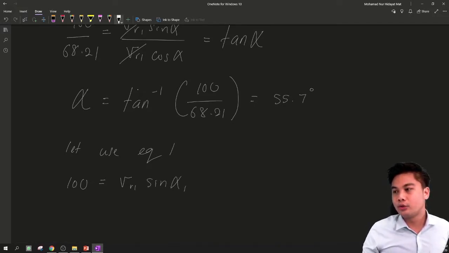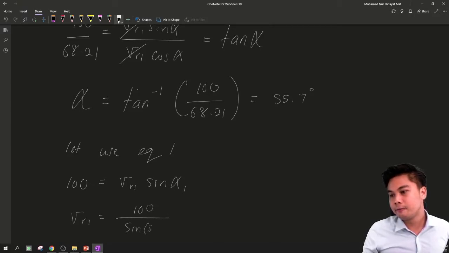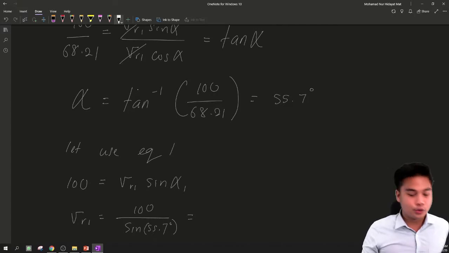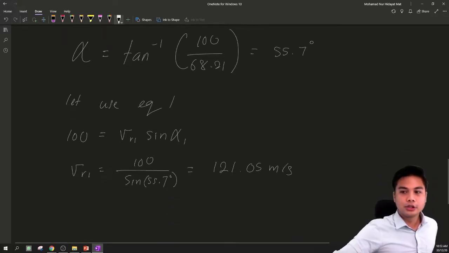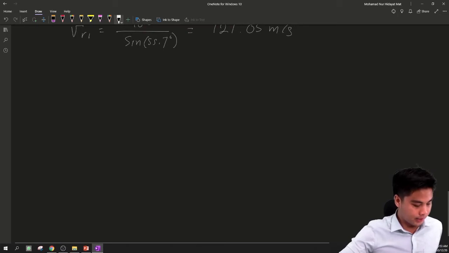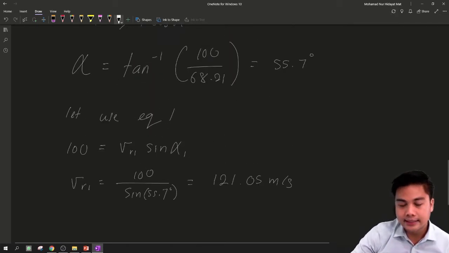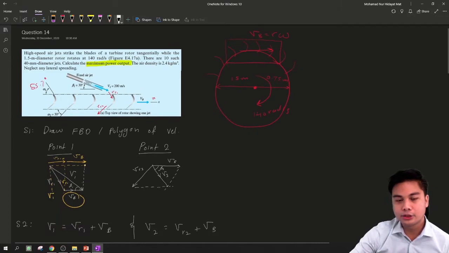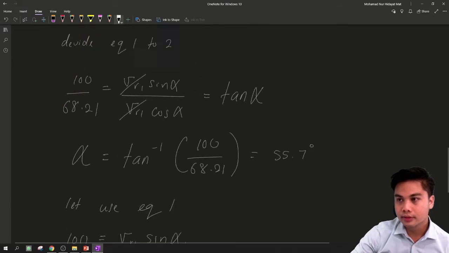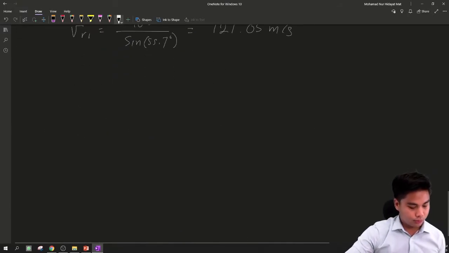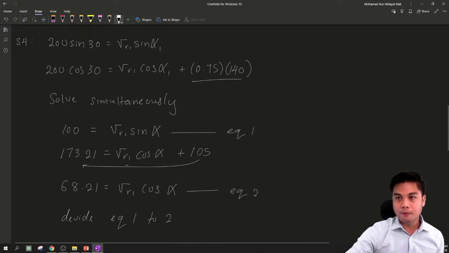Substitute alpha 1 as 55.7, so VR1 equals 100 divided by sine 55.7 degrees. You will get VR1 to be 121.05 meter per second. We know that VR1 is equal to VR2, based on the Bernoulli equation.